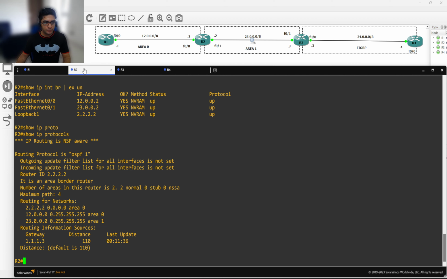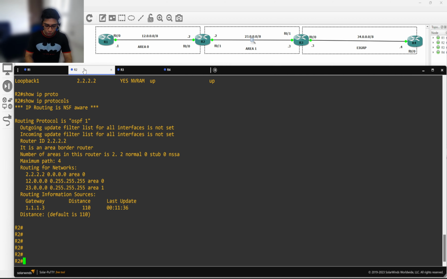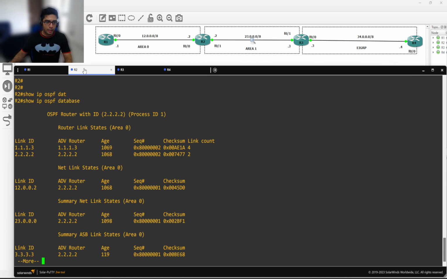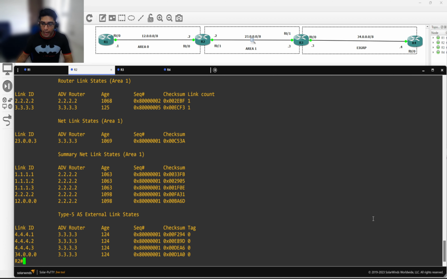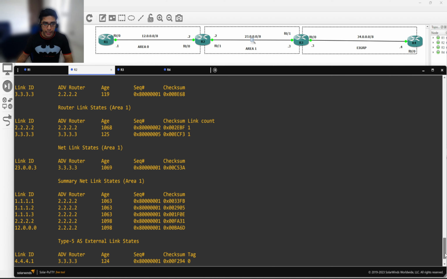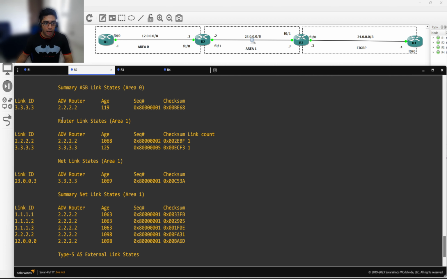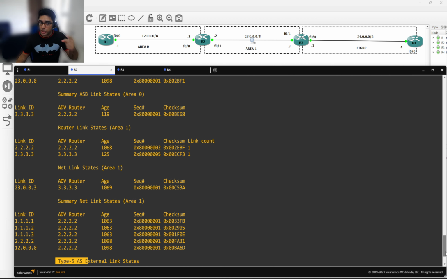Let's go to R2 and do a show IP OSPF database. Let's check only for area number 1 as of now, right? And you can see that in area number 1 again we have a router LSA, network LSA, summary LSA, and a type 5 LSA. So the database matches in area number 1. But let's check area number 0.